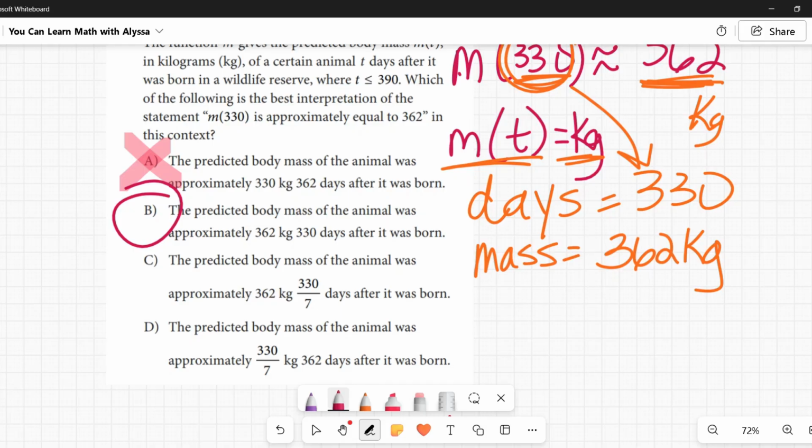Yep, that looks like our answer, but let's check the others just to be sure there's nothing tricky going on. C, the predicted body mass of the animal was approximately 362 kilograms, 330 over 7 days after it was born. Nope, just a straight 330. And D, the predicted body mass of the animal was approximately 330 over 7 kilograms, 362 days after it was born. Nope. Very straightforward. It's just B.